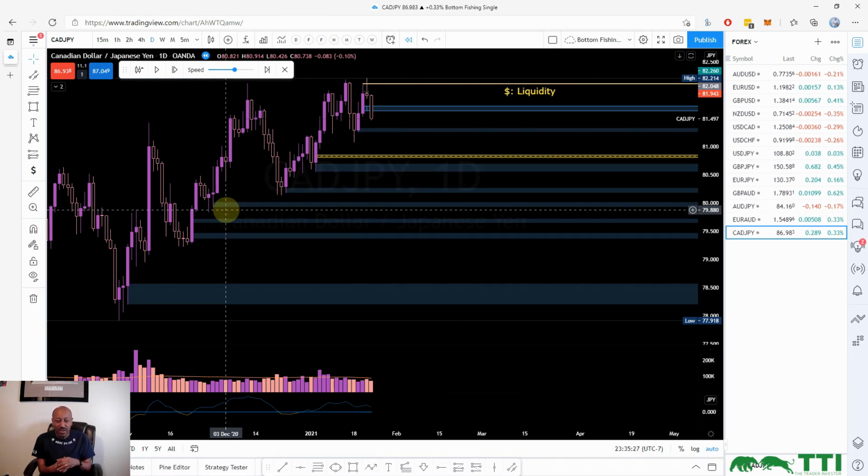Liquidity meaning when we have double tops, double bottoms, triple tops, triple bottoms. Understand that price gets manipulated at those levels, and when price is manipulated, you don't want to get caught on the wrong side, and both sides is the wrong side until the manipulation is over. So when you see price coming to an area of support and resistance, wait to see what price does to take care of that liquidity.